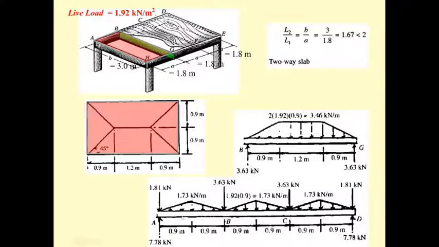Finally, you can find the reaction that transfers from the beam ABCD to the column at A and the column at D. Again, half of the load acting on this beam is going to transfer to A, and half of the load is going to transfer to D, and you can compute the reaction to be 7.78 kilonewton at A and at D, as shown.